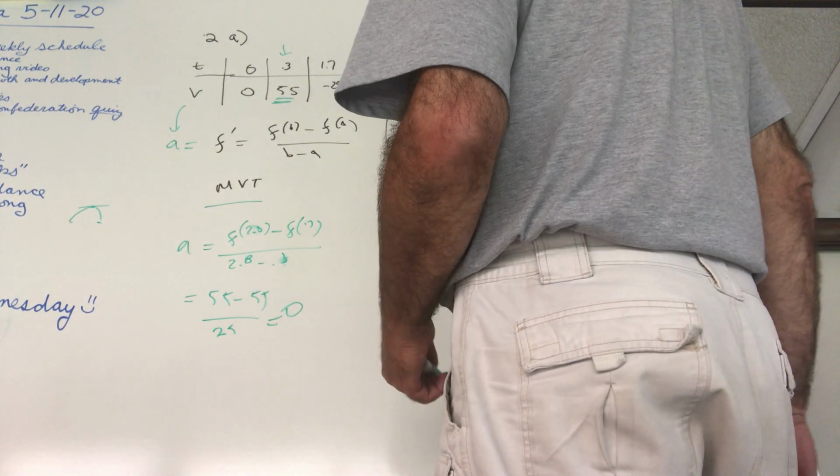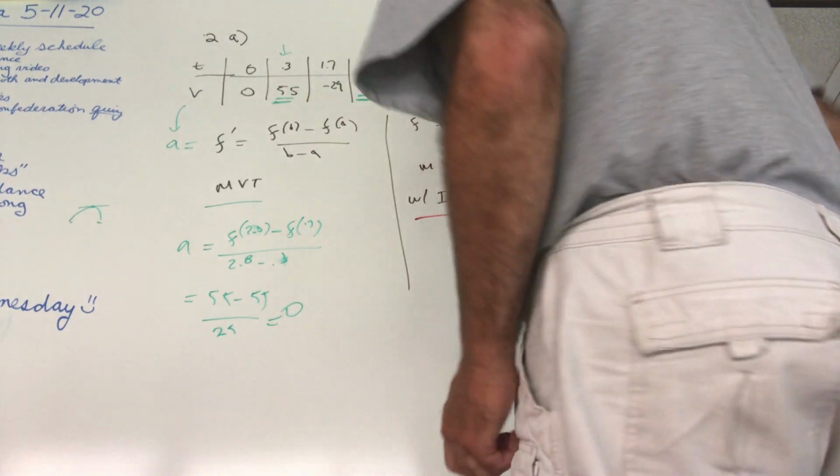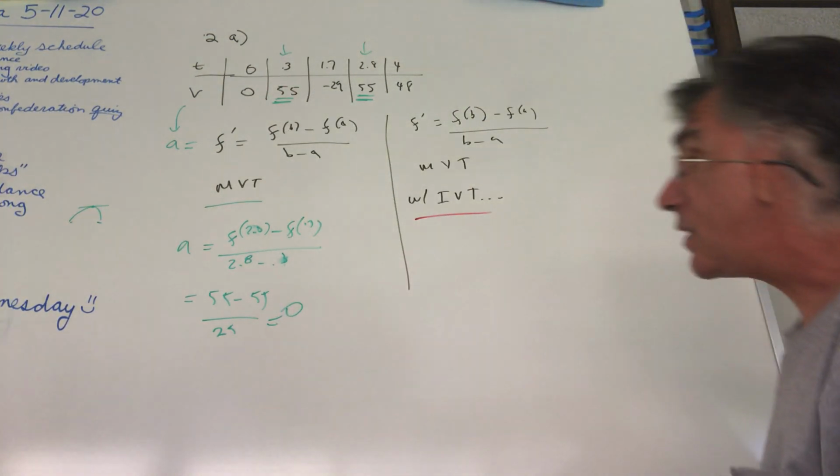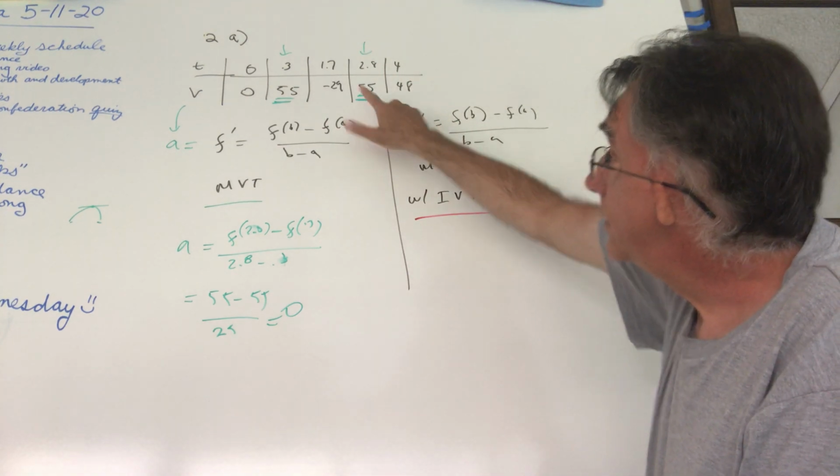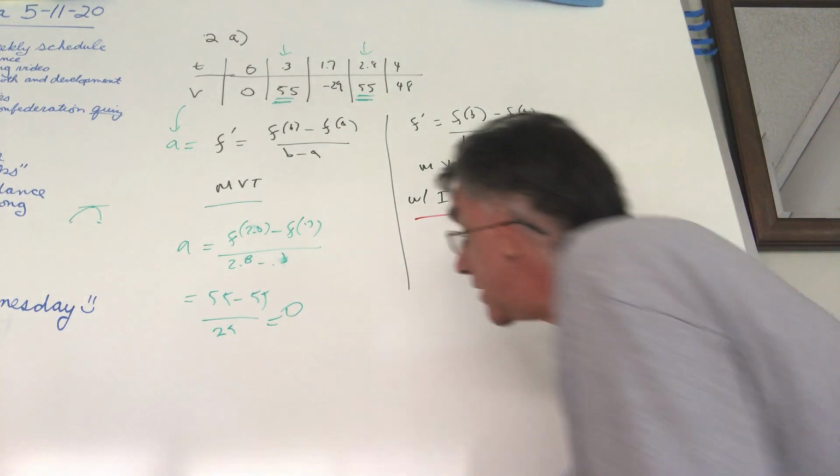at least once, right? Now I just want to point out, what if this was 54 instead of 55? Here's what you do.